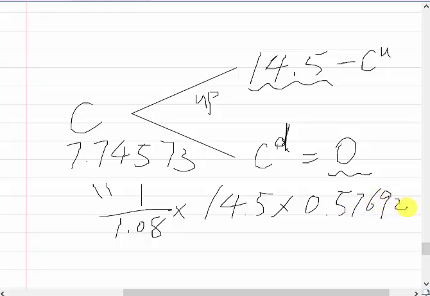Now, because the downstate payoff is 0, that 0 times any probability number will be 0. So you can actually ignore that part of the calculation there.